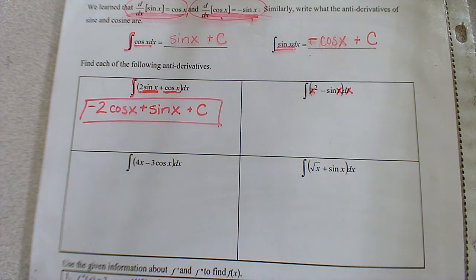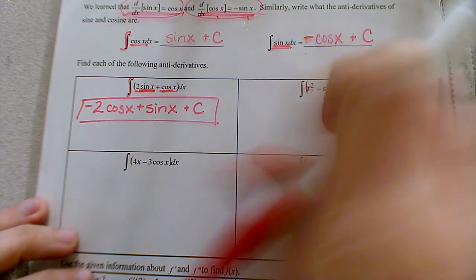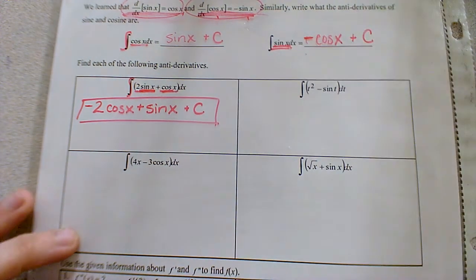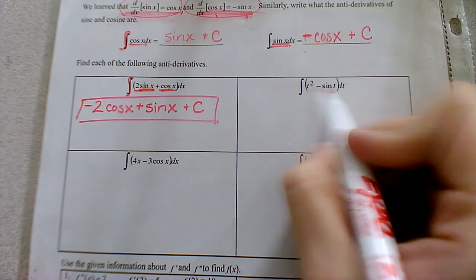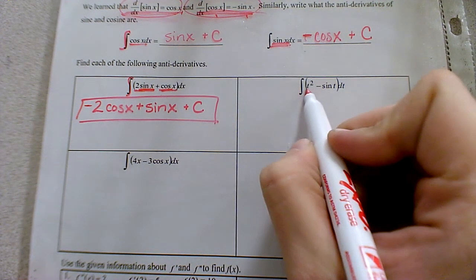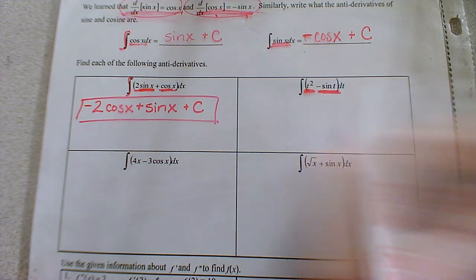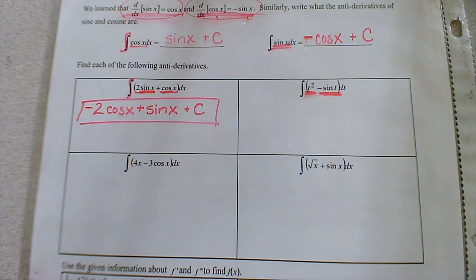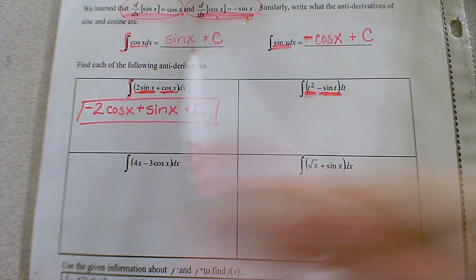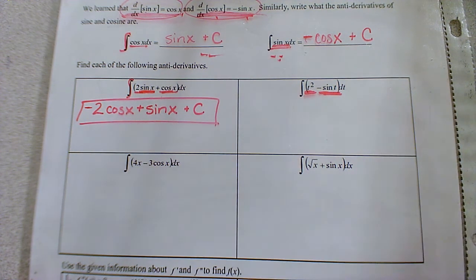If you kept them as t's, that would be a little more appropriate, so I'll show you what that would look like. Working backwards from one term at a time, we're going to have to use a reverse power rule for t squared, and then a special antiderivative for sine of t, something that we have to know based off of what we said up here.